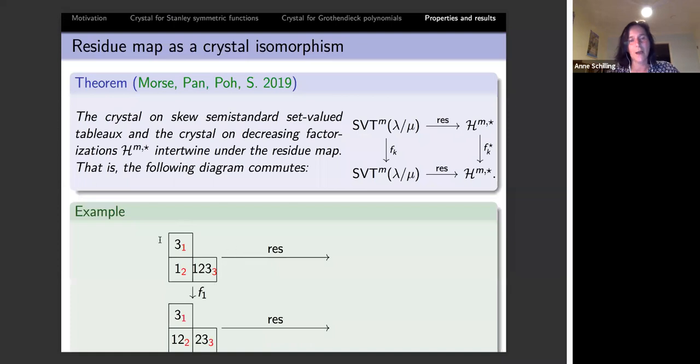So suppose we have a tableau. So this is a set value tableau. Then remember what we did is we labeled the diagonals, right? So the topmost entry will be labeled with a 1, and then this diagonal will be labeled with a 2, and this diagonal will be labeled with a 3. So these are these red subscripts that I have. And then the residue map now makes this into a decreasing factorization as follows.